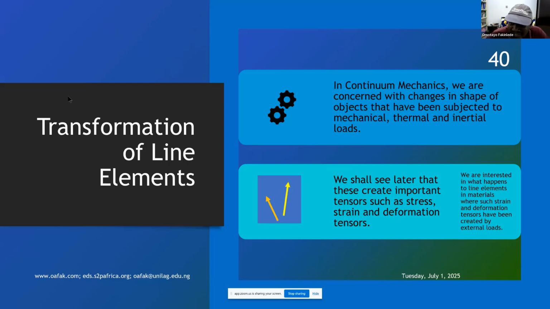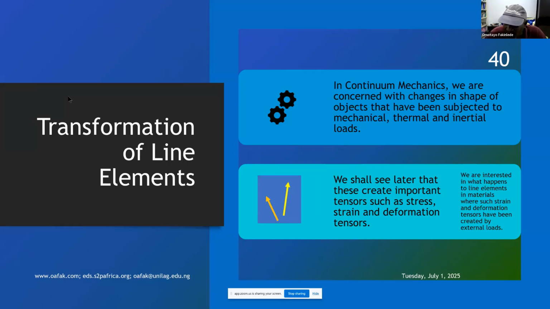In continuum mechanics, for instance, we are concerned with changes in shape of objects that have been subject to mechanical, thermal, and inertial loads. So we want to look at changes in shape. Now, we shall see later that this creates important tensors such as stress, strain, and deformation tensors.